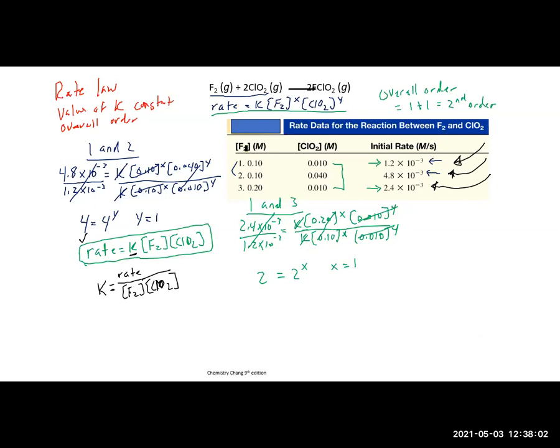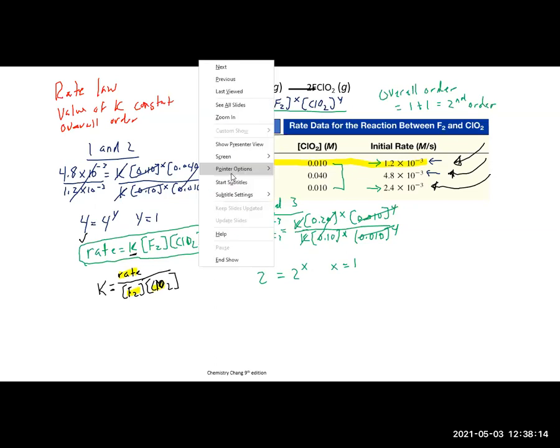So what I'm going to do is take entry number 1 and put all those values in here to figure out the value of my rate constant.